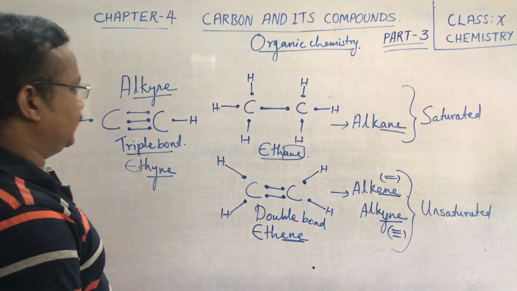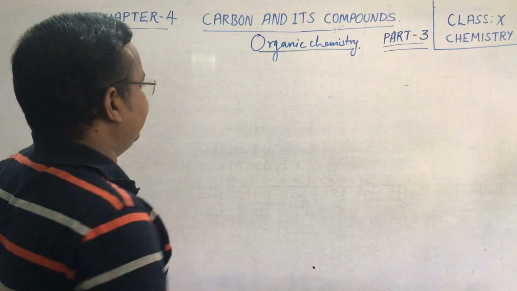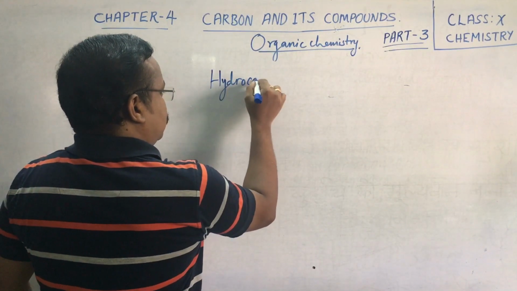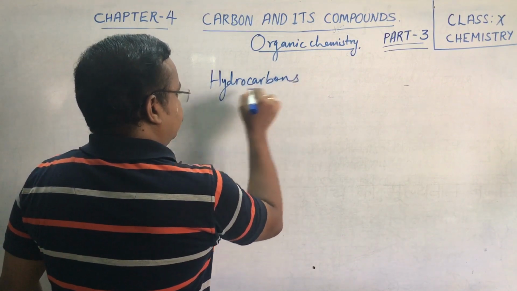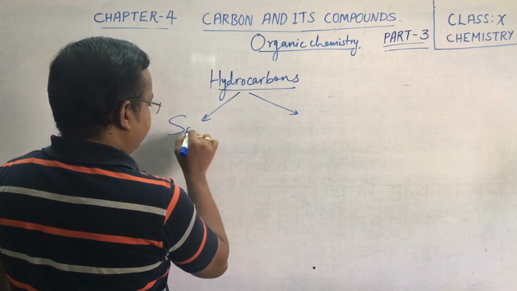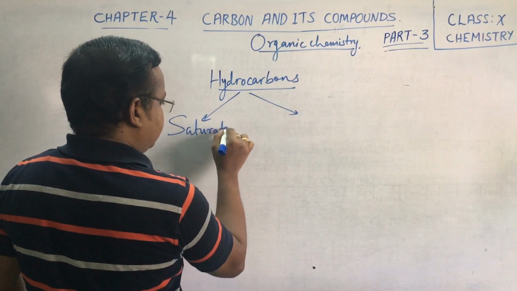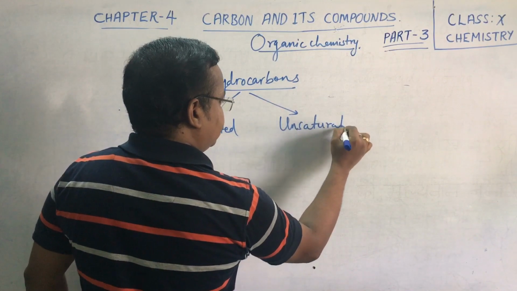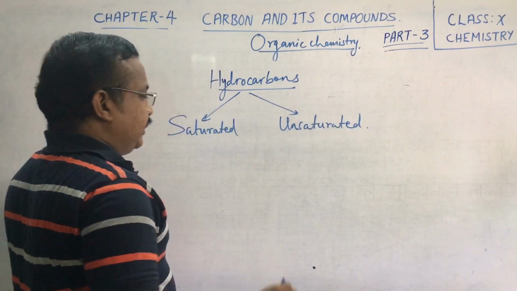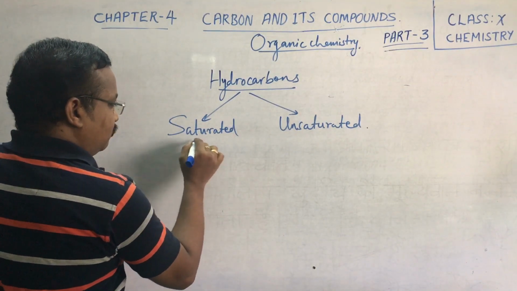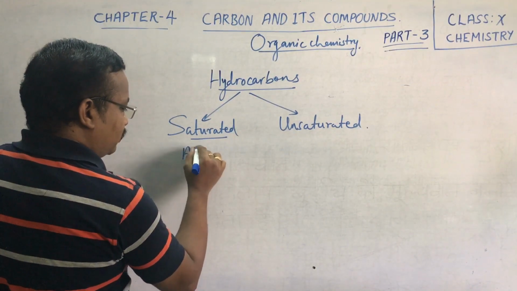Let me explain once again. So children, listen here. Hydrocarbons are classified into 2 types: saturated and unsaturated. In case of saturated, we have single bonded compounds, that is our alkanes.